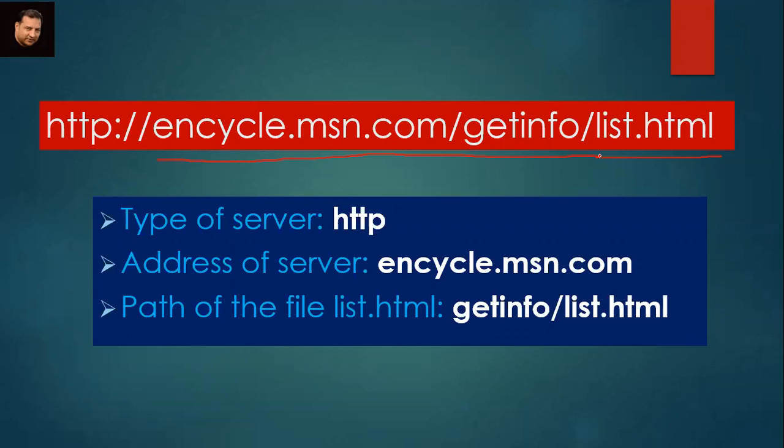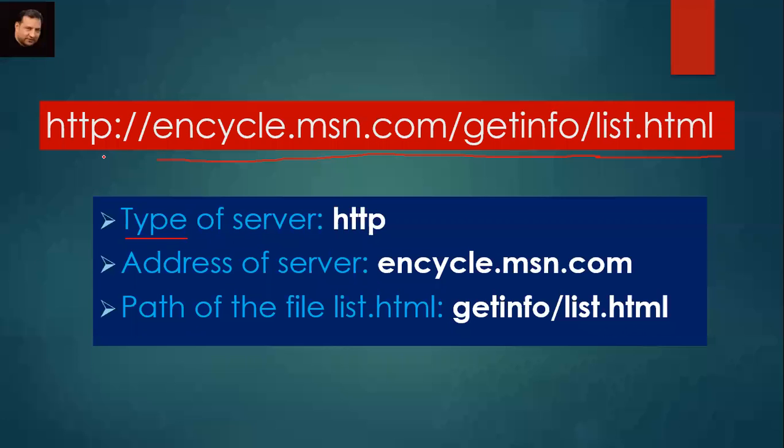With this, we get three types of information. Okay, let's come back. So we have three different parts of this URL. First is the type of server.